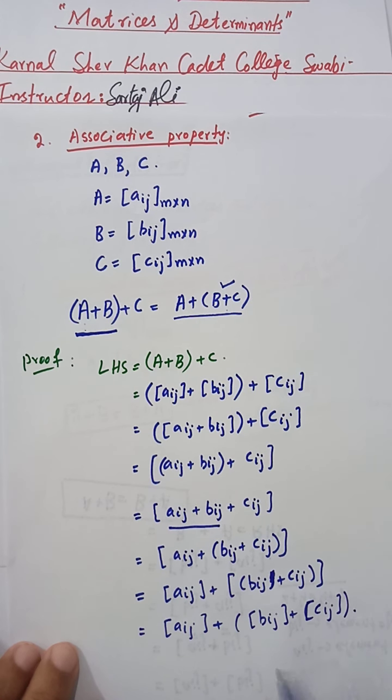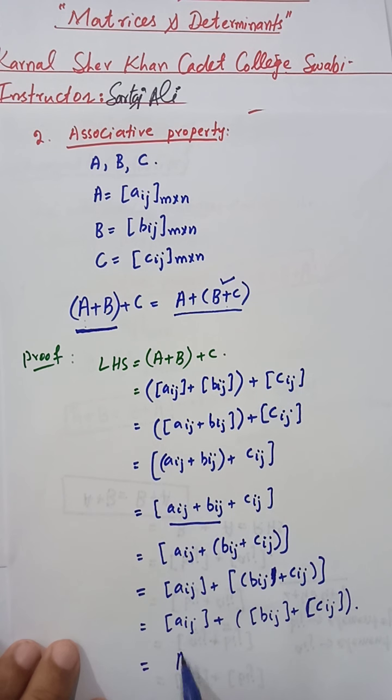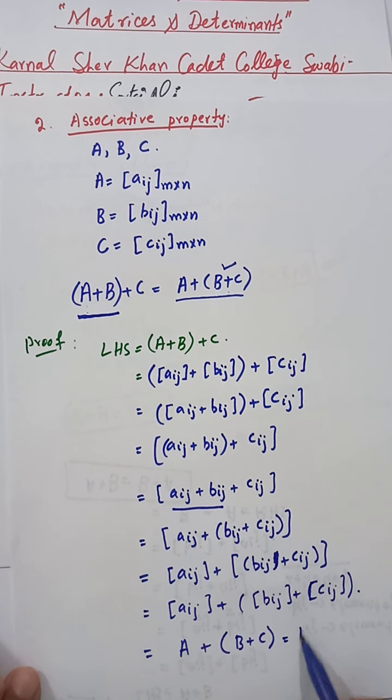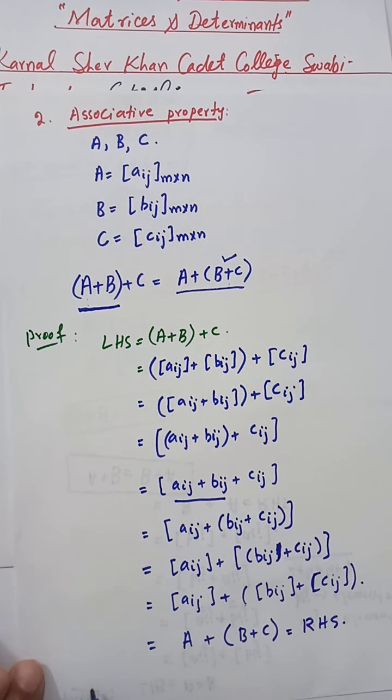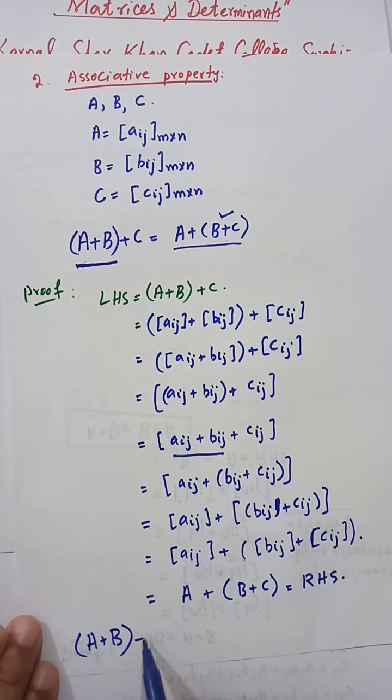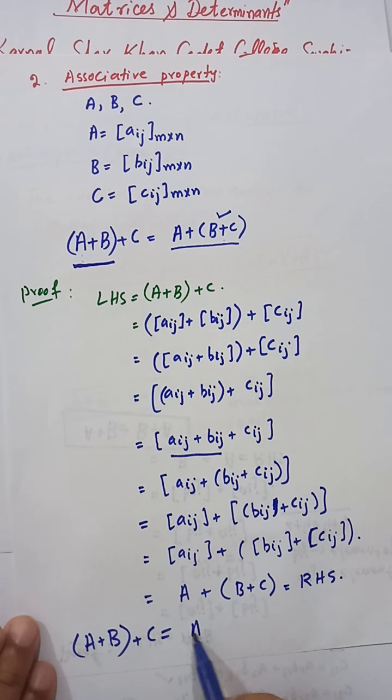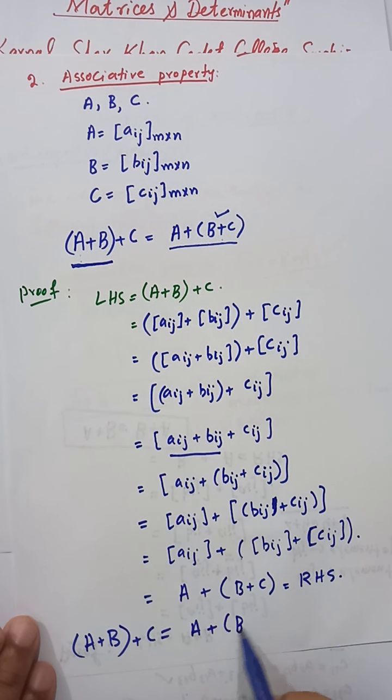I am splitting, so this is a plus this bracket, this is b plus c. So you see that this is the right hand side. So left hand side is equal to right hand side.